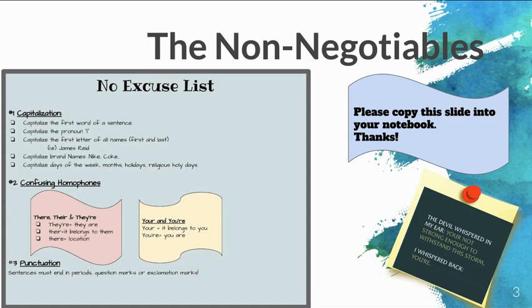All you need to remember is when you are using your, Y-O-U-R, that means it belongs to someone. So you would never say Y-O-U-R awesome or Y-O-U-R the best, because it makes no sense. Instead, you're going to use that contraction, which is Y-O-U apostrophe R-E, where that means you are. So you are awesome.